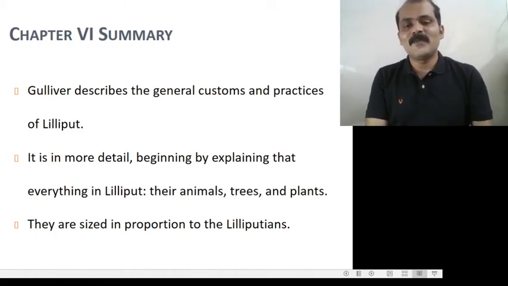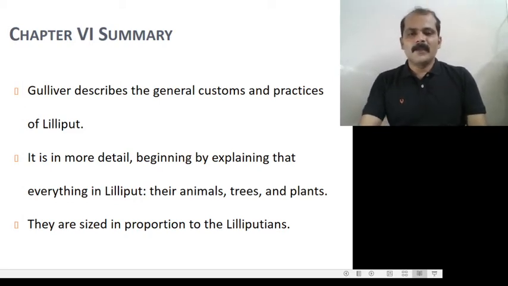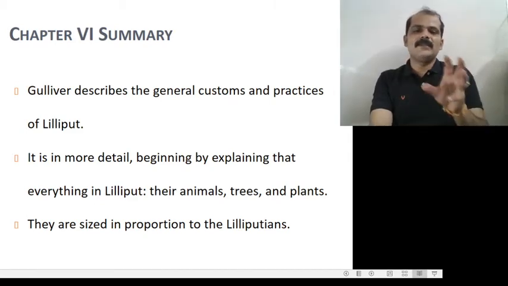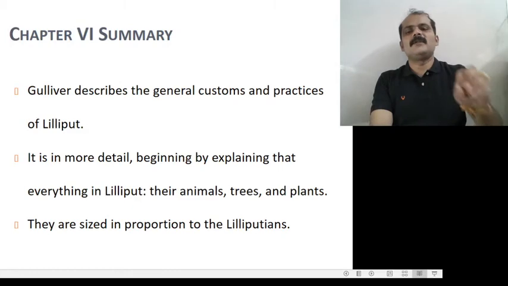In this chapter, he describes the general customs, how they live, and their practices. He begins by explaining that everything in Lilliput, like their animals, the trees, and the plants, are sized in proportion to the Lilliputians.